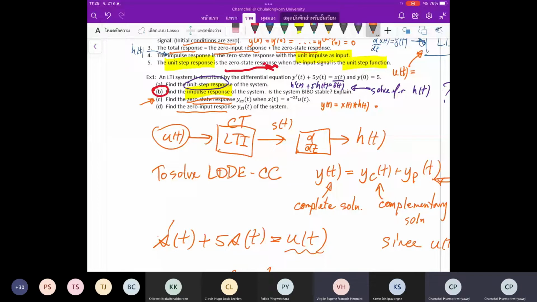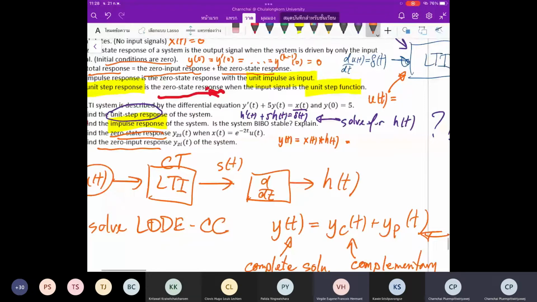The zero input response is the response when the input is zero, but the initial condition is not. Here we have the initial condition y(0) equal to 5, but the input is supposed to be 0.